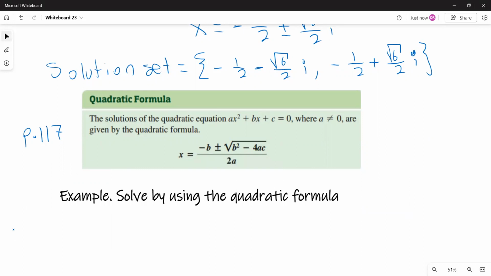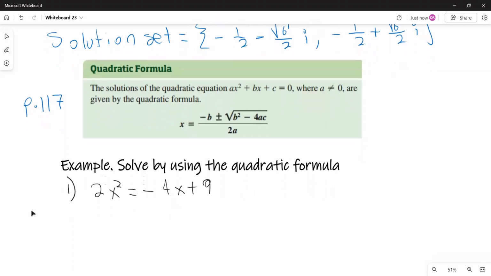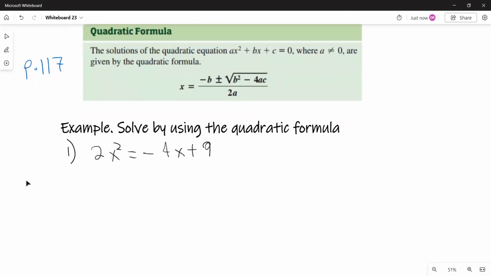Okay, first example. Is 2x squared equals minus 4x plus 9. If we're going to use the quadratic formula, we need to write it in standard form.